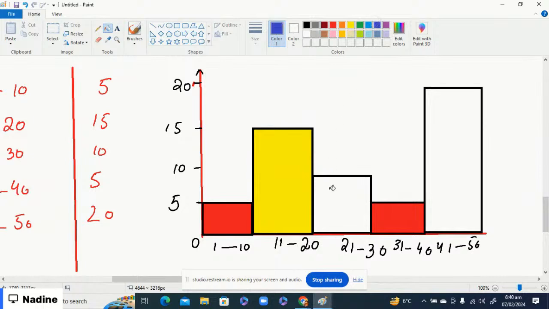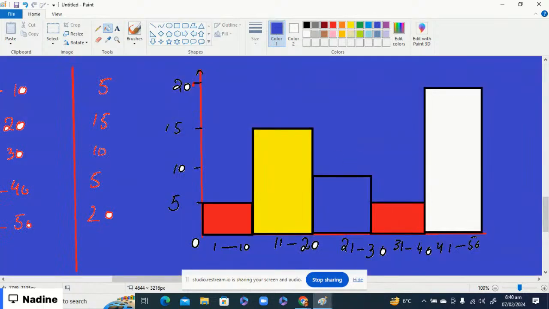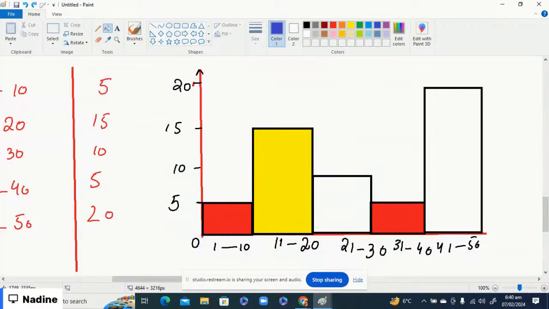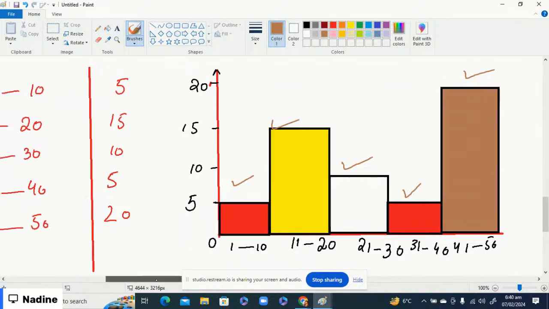So this is all your graph, that is the histogram of this one. This is 0 to 10, 11 to 20, 21 to 30, 31 to 40, and 41 to 50. So this is all about the histogram.